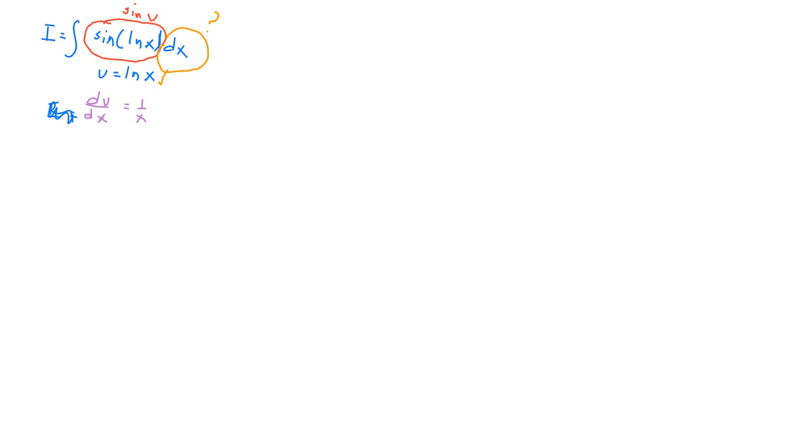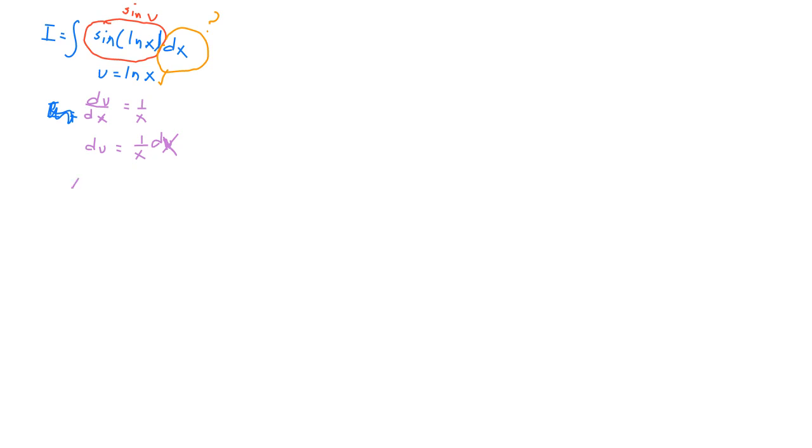So then du equals 1 over x dx. Got to be a little bit careful here. Thank you, this should be a dx here. Du equals 1 over x dx.